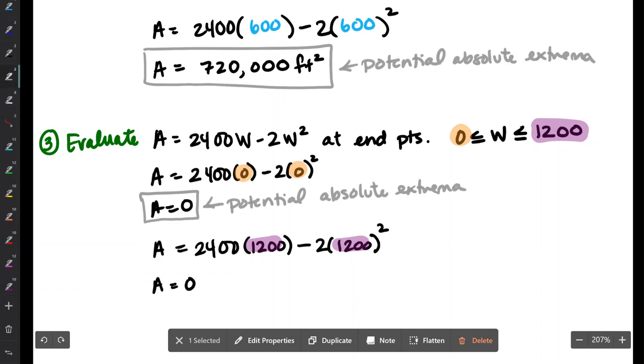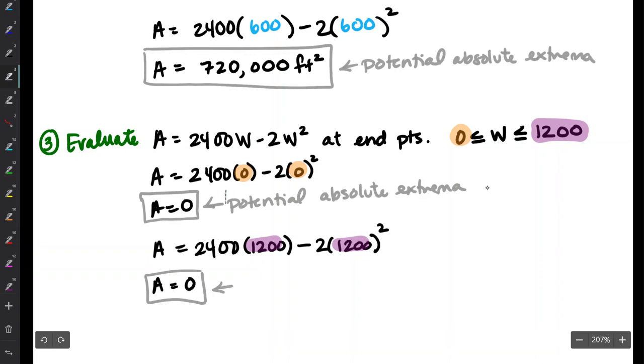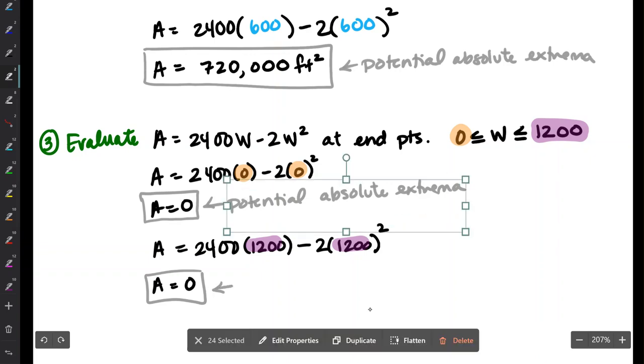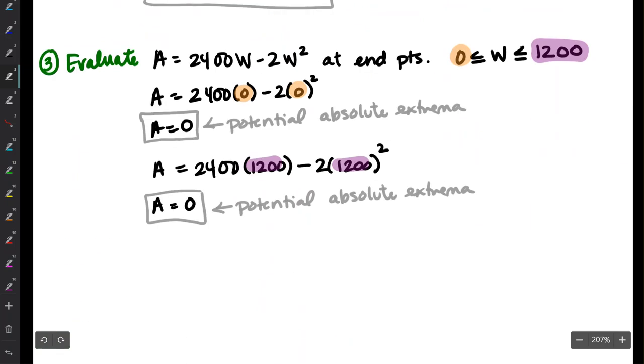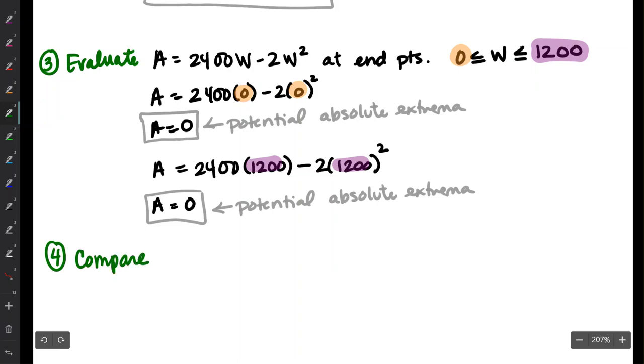So now we just are going to compare those values from step 2 and 3, right? Those potential absolute extrema. We can even write them.